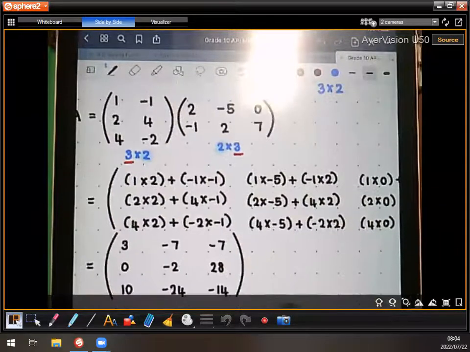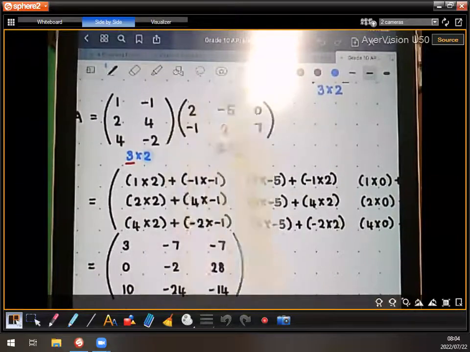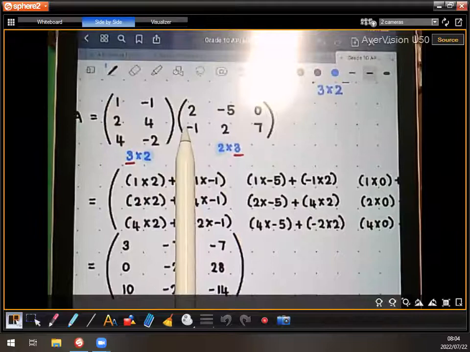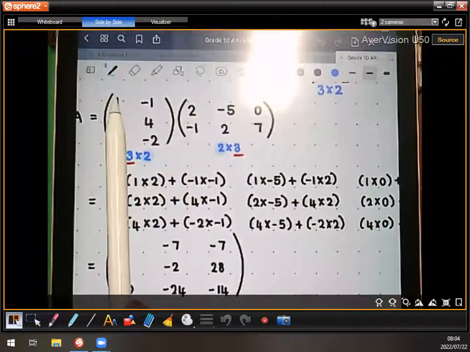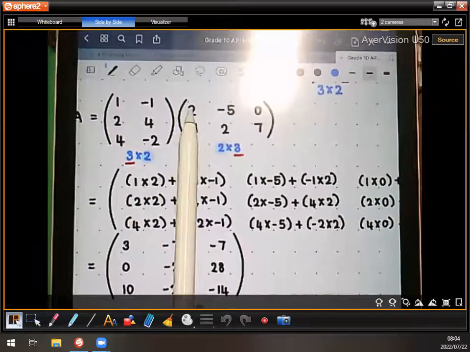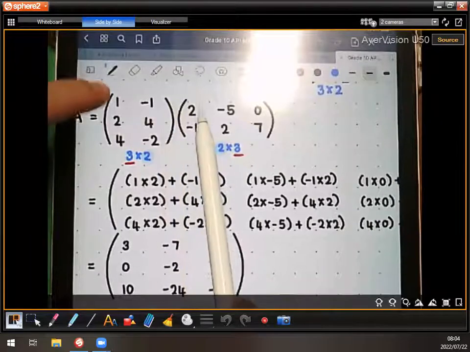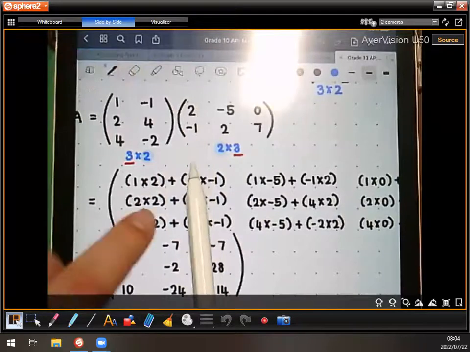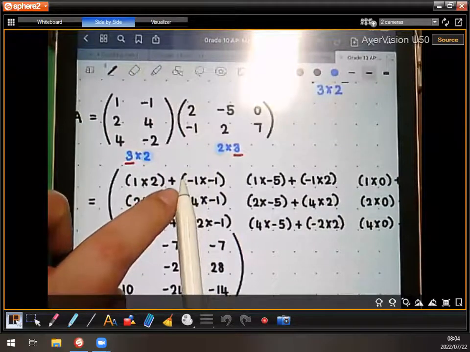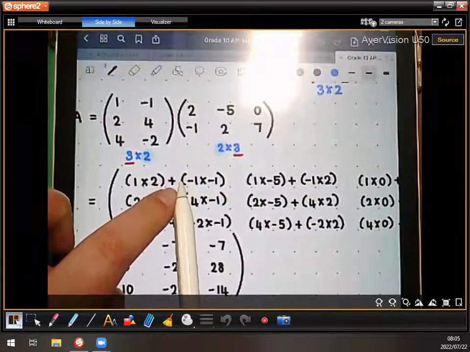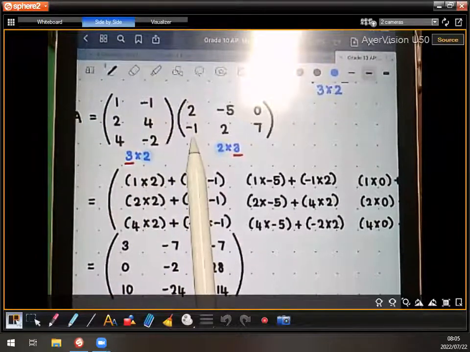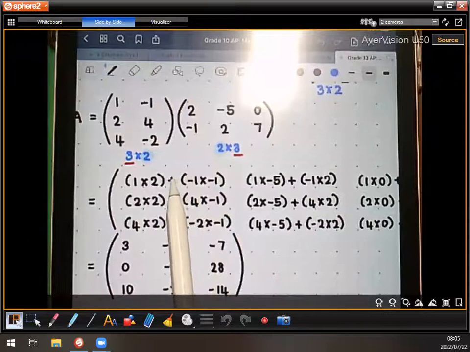Now, guys, what you do is you take row by column always, and you add those products together. So you're going to take 1 times 2 plus -1 times -1. That will give you the first element of the answer matrix. First row times first column gives you the number in the first row and first column of your answer.